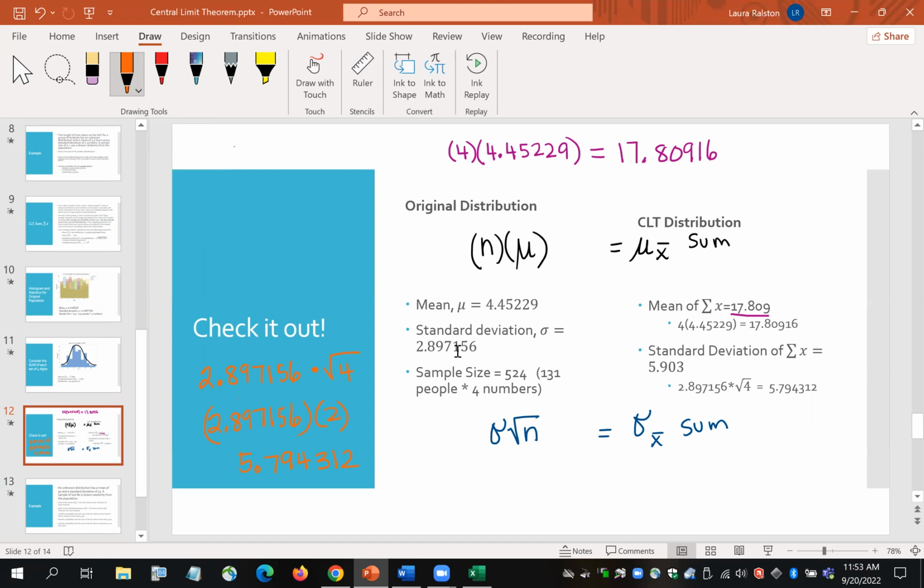If you actually figure it based on the actual data, you get 5.903. So I'm a little bit off, but I'm reasonably close. I'm in the ballpark.